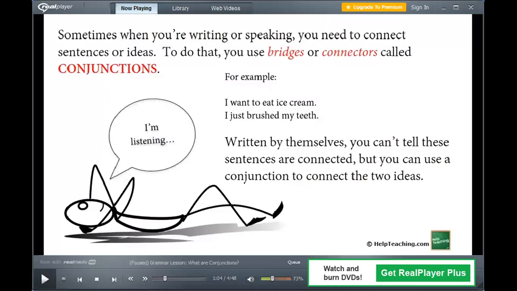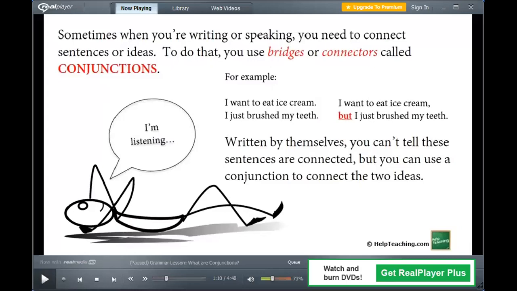Now, for us to be able to connect the two ideas in the two sentences, we have to use conjunctions. Watch. So now, these two sentences, I want to eat ice cream, I just brush my teeth. We can connect the two sentences or join the two sentences together using a conjunction.